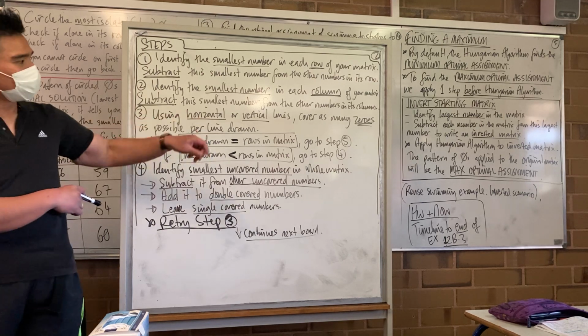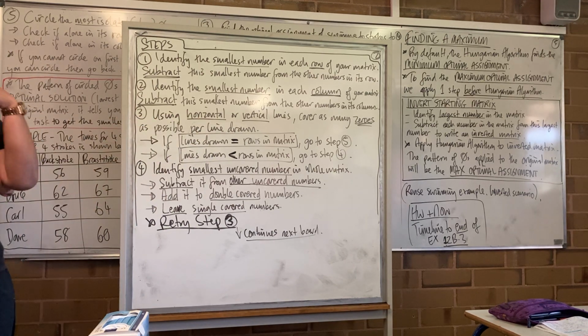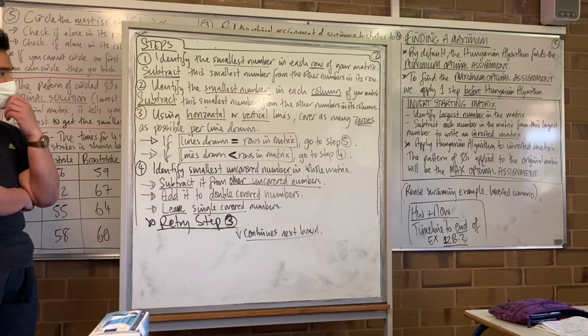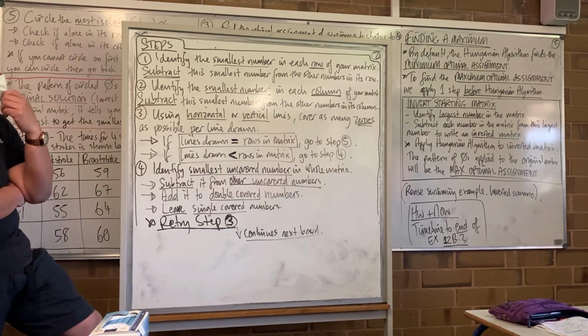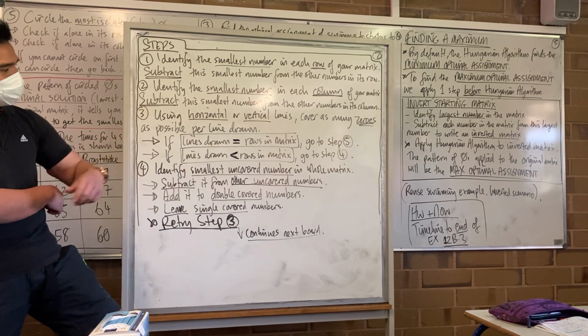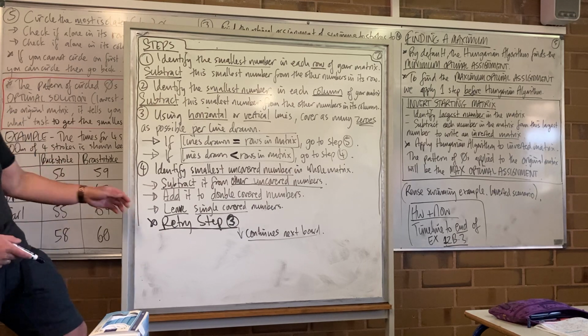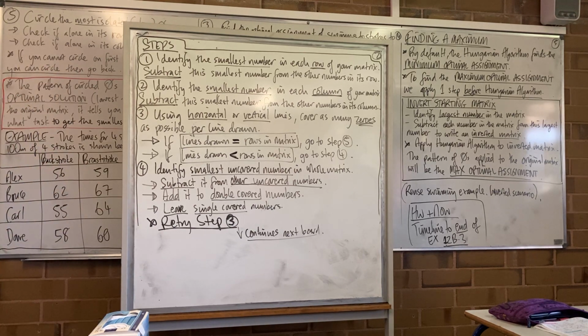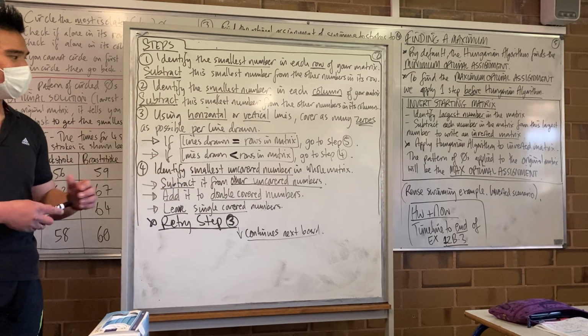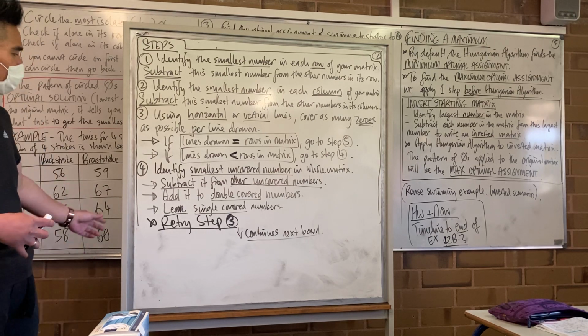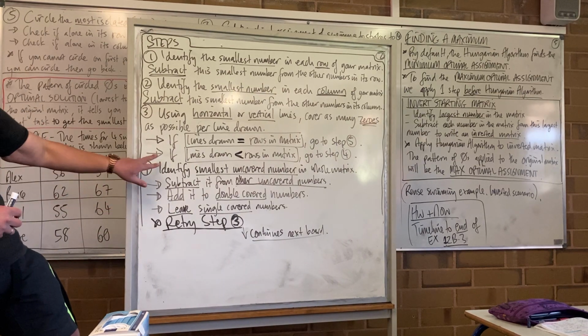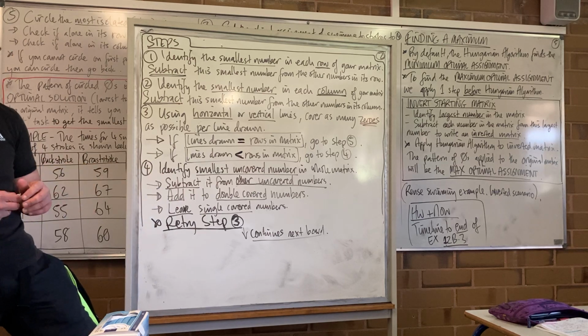Using horizontal or vertical lines, you need to cover as many zeros as possible with each line that you draw. If the number of lines that you draw is equal to the rows in the matrix, you skip over to step 5, which is on this board. If the lines drawn is less than the rows in the matrix, you do step 4. In step 4, there's a series of things that you need to do.